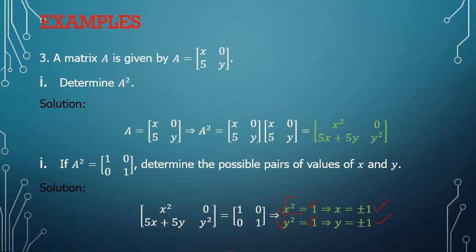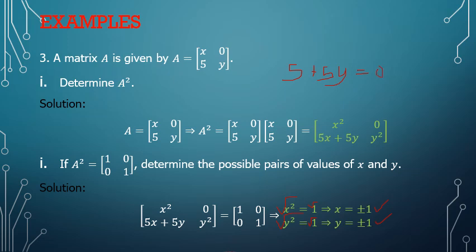We know that 5x plus 5y gives us 0 from the two matrices, meaning that if we replace x with the positive 1, let's use the positive 1 for example, it will be 5 times 1, you get 5, plus 5y, where the value of y we don't know, should give us 0.